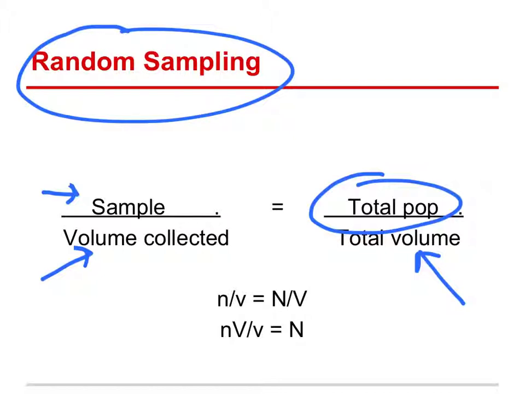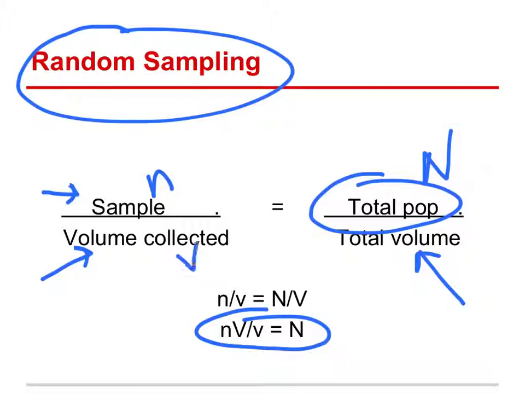We do that through this formula, where capital N is the total population, lowercase n is the sampled population, lowercase v is the volume collected, and capital V is the total volume. So the total population is equal to the sampled population multiplied by the total volume divided by the sampled volume, or the volume collected. And we've done a couple problems already there.